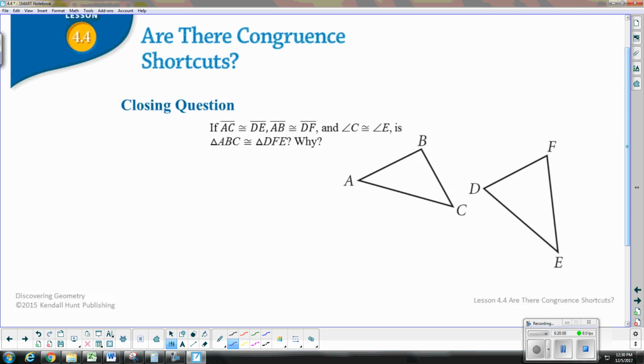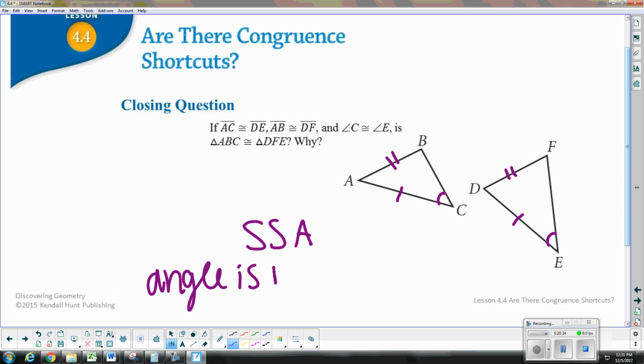This says that if AC is congruent to DE, so let's mark those, and AB is congruent to DF, and angle C is congruent to angle E, we have a corresponding side, and a corresponding angle, but the angle is not included.